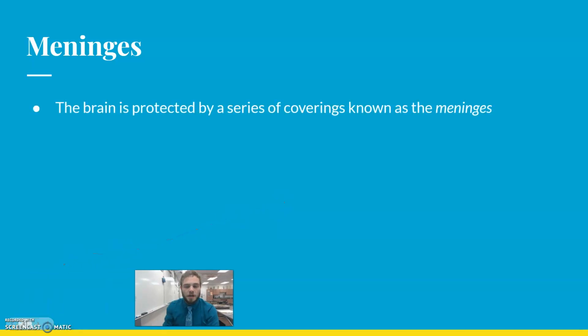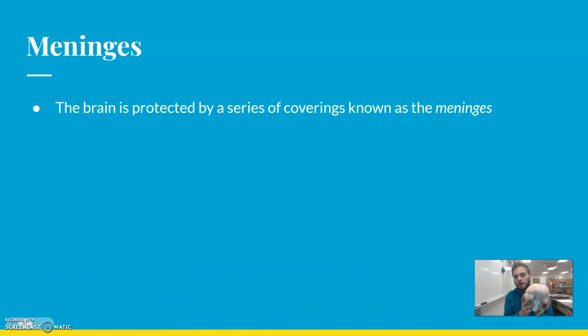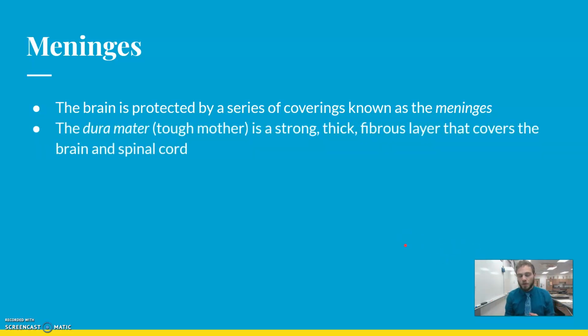And then I also want to talk about the meninges. There is no meninges on the cerebrum here, but the meninges are a series of very protective coverings for your cerebrum. So you're going to start with the dura mater, which literally translates as tough mother, no joke.